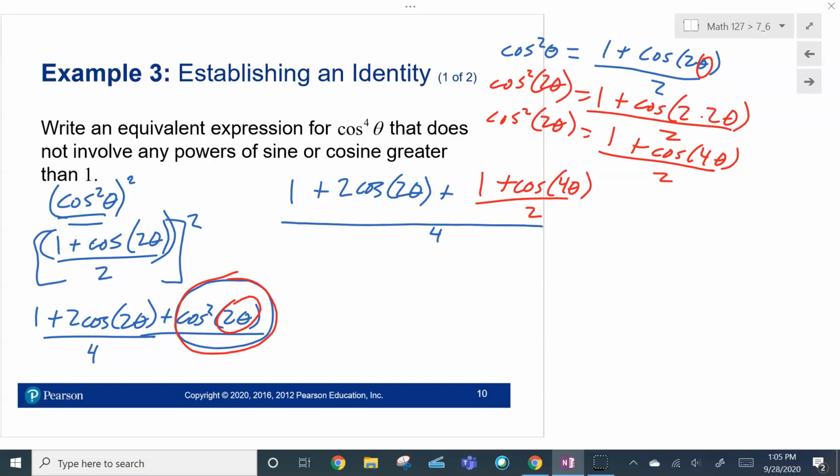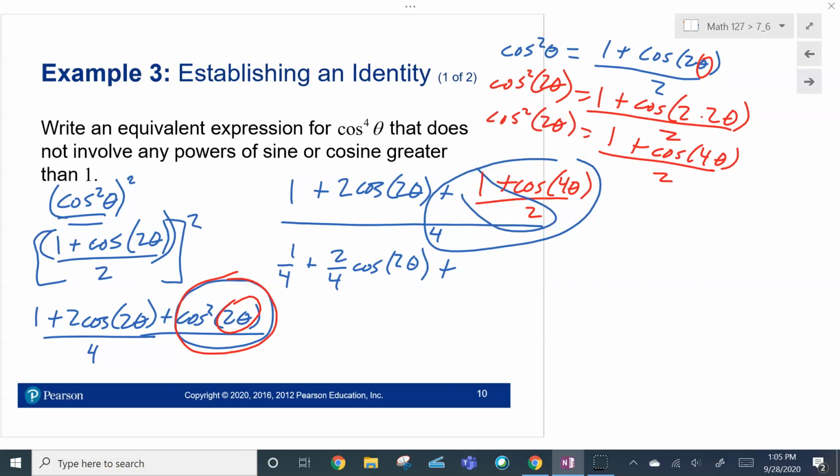Which means each of these terms, I got 1/4, I got 2/4 cosine 2 theta, and then all of this over that, which means I got 1/2 over 4, so an 1/8 cosine of 4 theta.